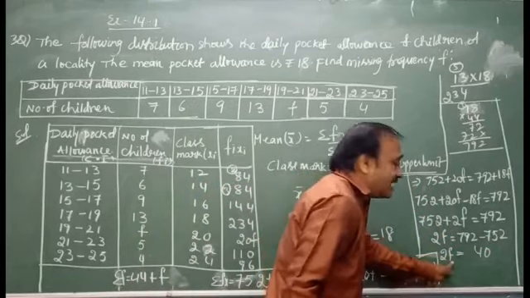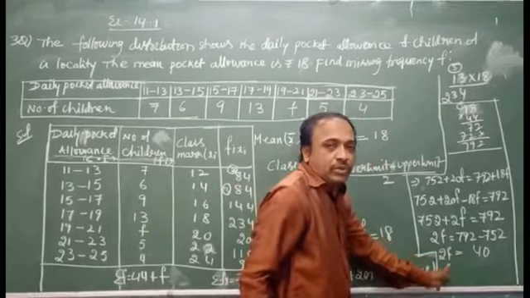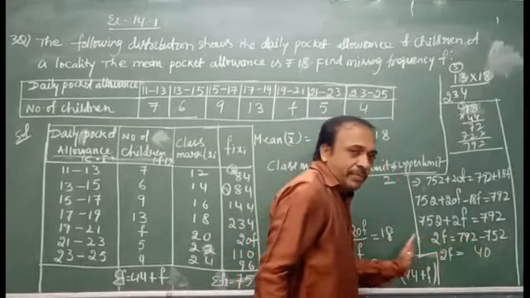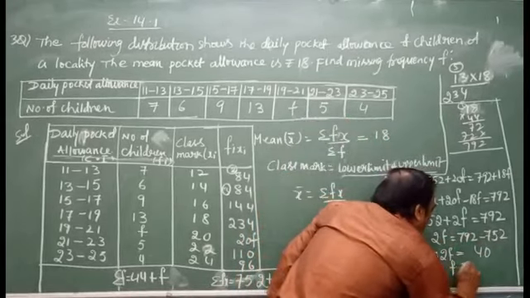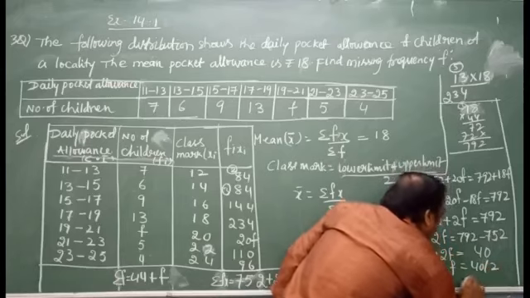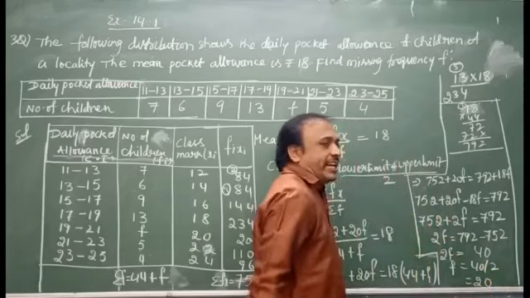2f is nothing but 2 into f. 2 into f is equal to 40. Transpose that side. So f is equal to 40 by 2, which will give you 20.